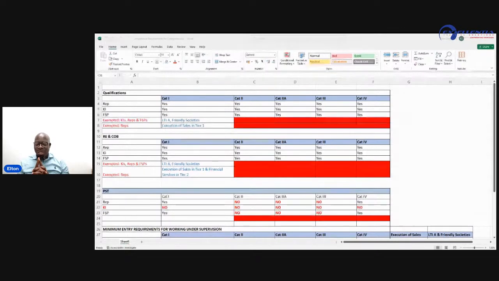So your product-specific training is actually applicable to the guys who are doing long-term A and friendly societies, and all your reps in Cat 1 and in Cat 4. But our friends in Cat 2, 2A, and 3 are not actually supposed to do product-specific training.